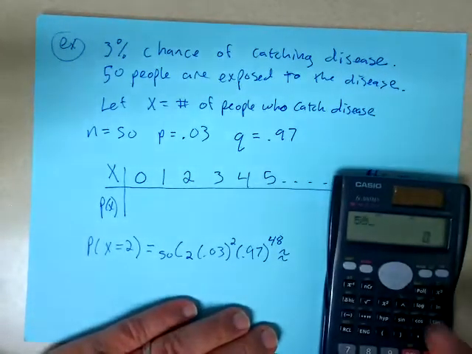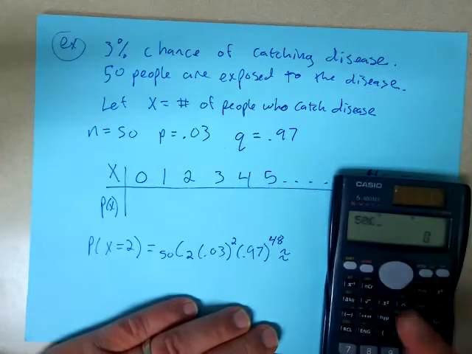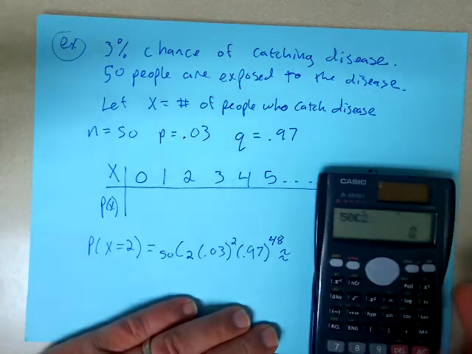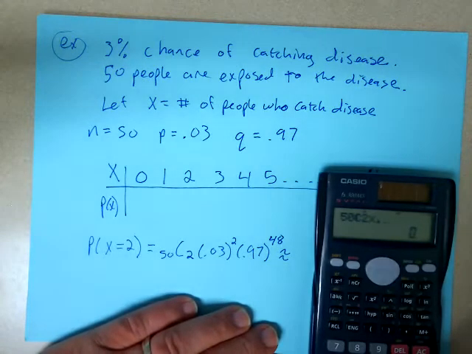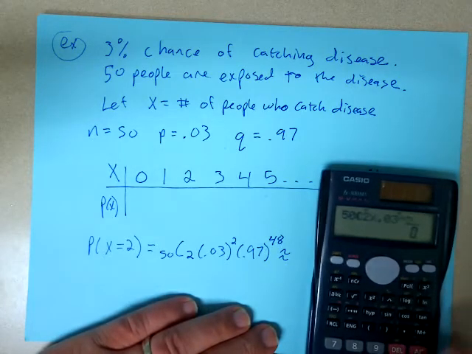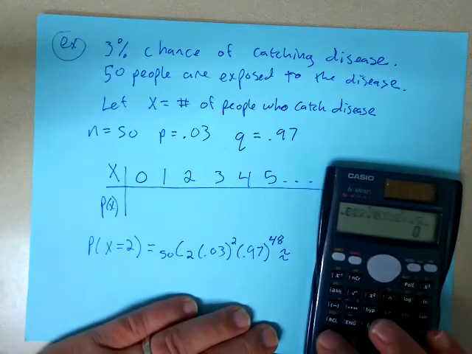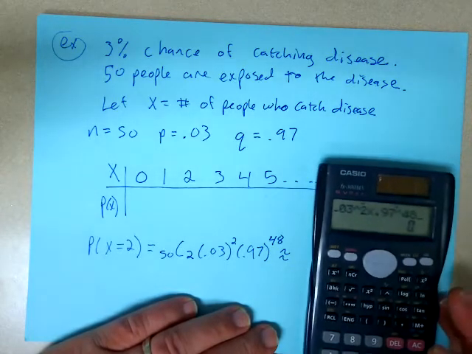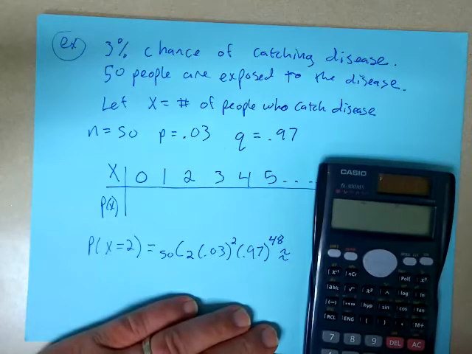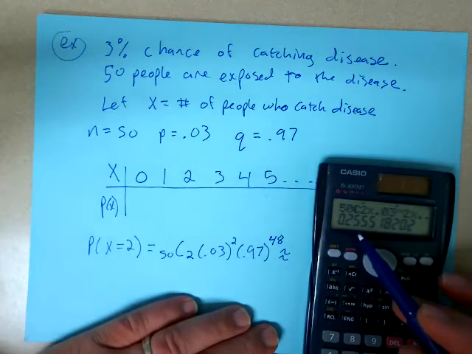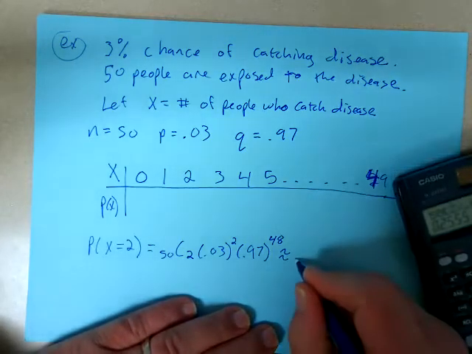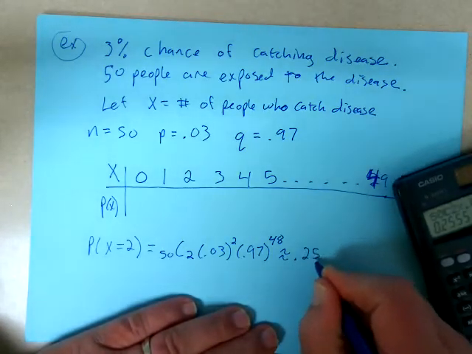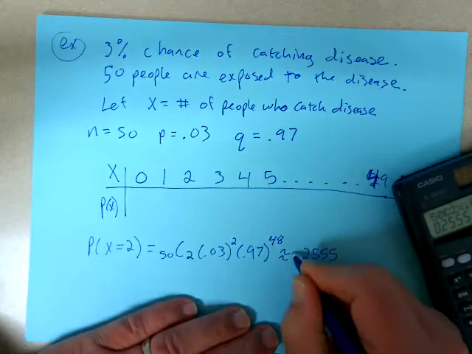So 50 choose 2 times 0.03 raised to the second times 0.97 raised to the 48th. And this gives me 0.2555 if I round to 4 decimal places.